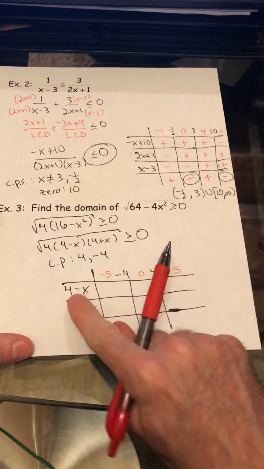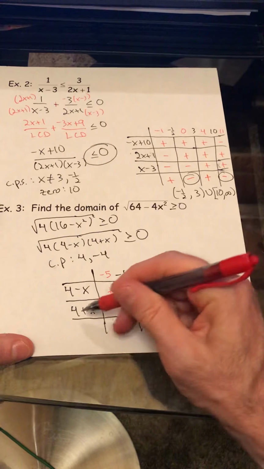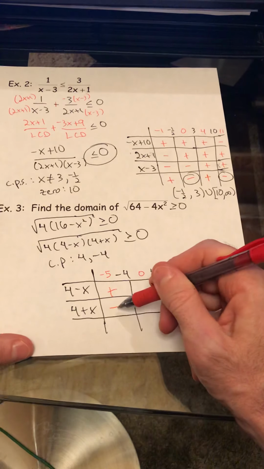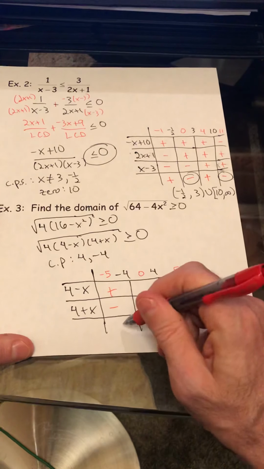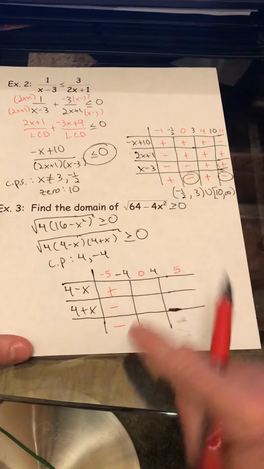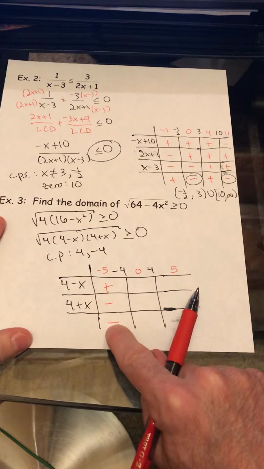So again, when you plug in 4 minus negative 5, positive. 4 plus negative 5 is negative. A positive times a negative is negative. Square roots can't be negative, so obviously this interval won't work.